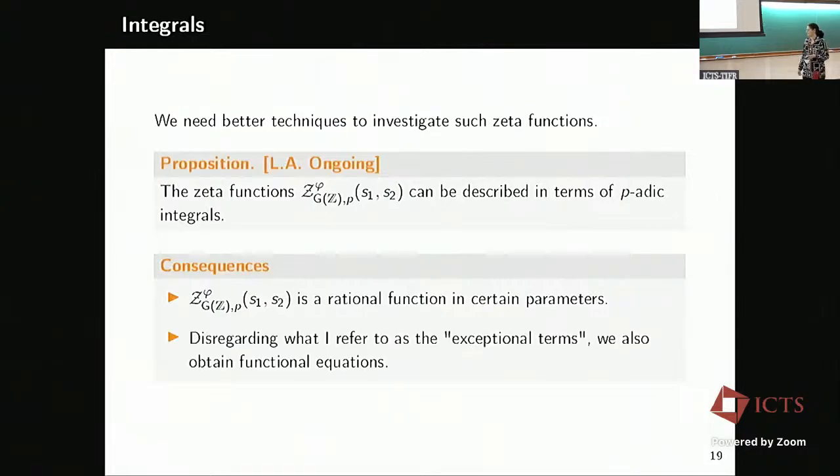And if we disregard these exceptional terms, then we also get some functional equation. That's not the case for the exceptional terms, but the meat of the zeta function will actually have nice functional equations.